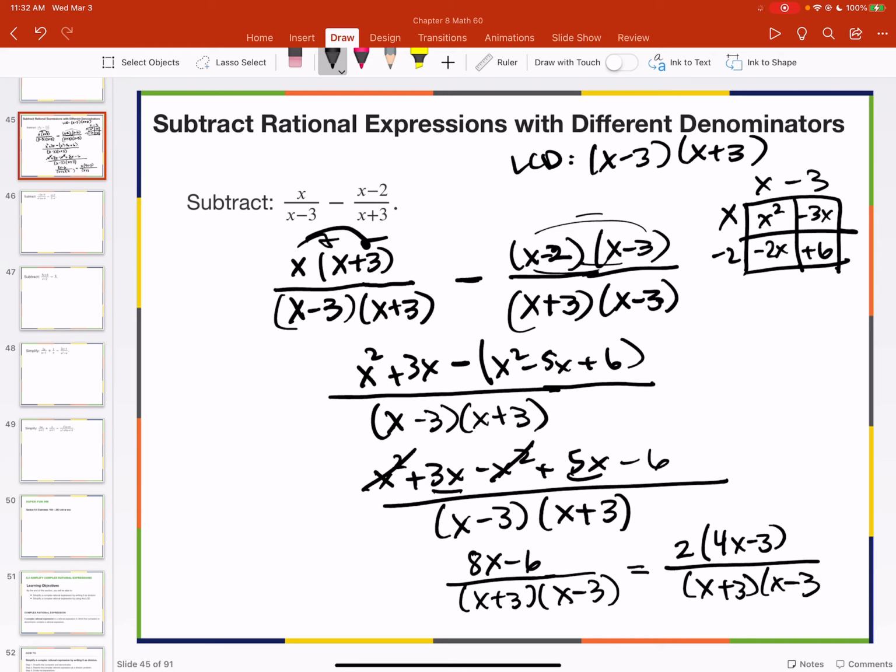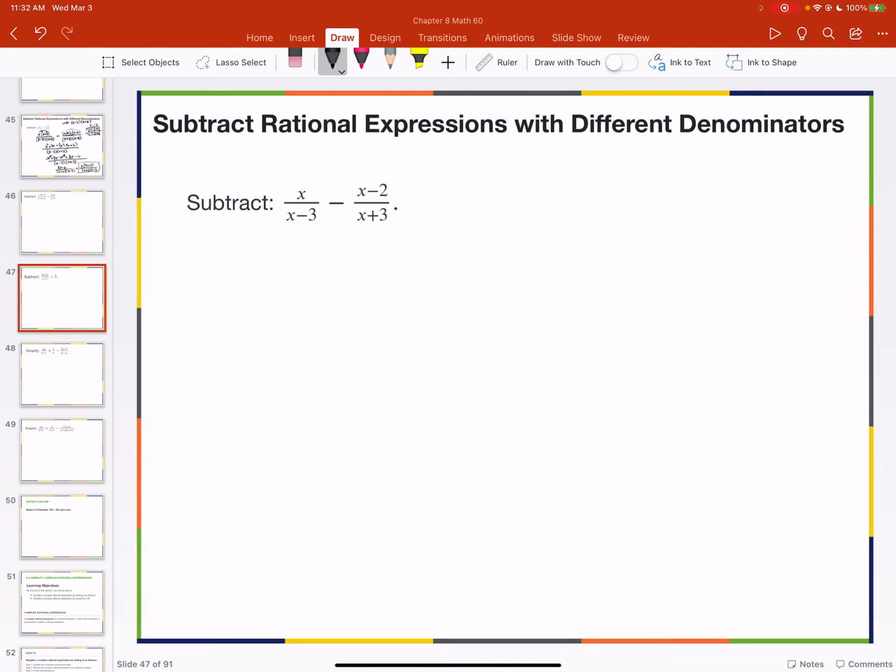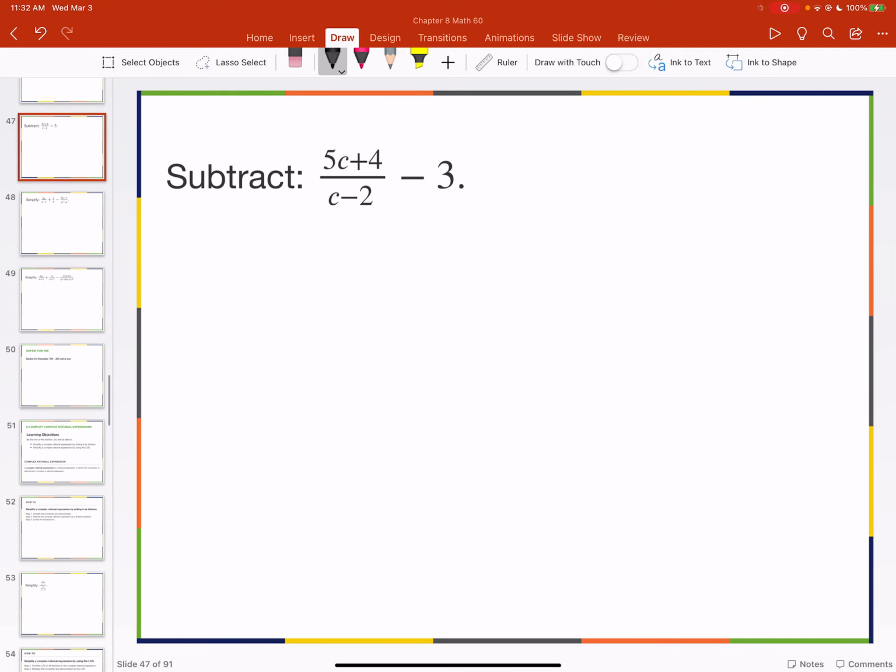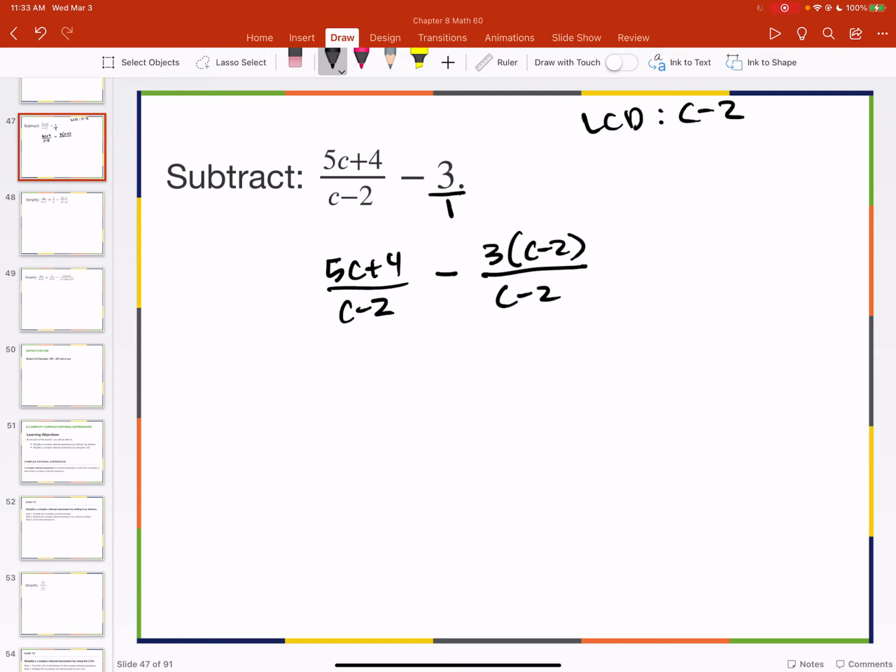All right. Should we do another problem? Let's see. How about we do one like this? What if you have 5c plus 4 over c minus 2 minus 3 over 1? In this case, your LCD is an easy one. It's just c minus 2. So we have 5c plus 4 over c minus 2 minus 3 times c minus 2 over c minus 2.